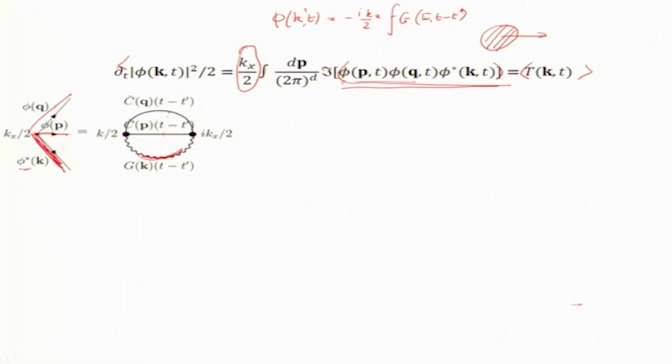So, what is the nonlinear term within? Do not use p and q, you use phi of r t prime, phi of s t prime, and r plus s equal to k, correct.